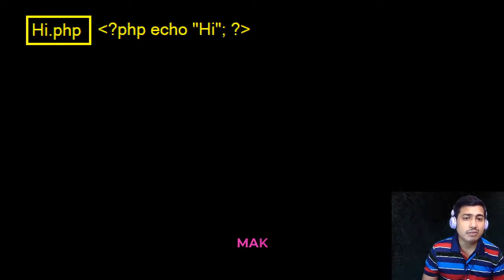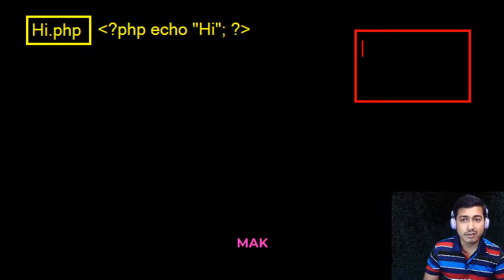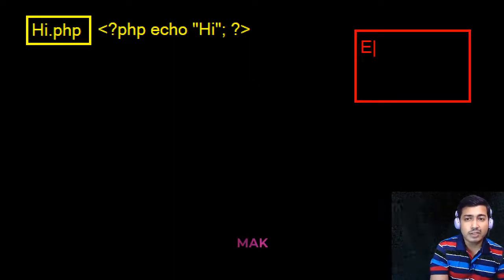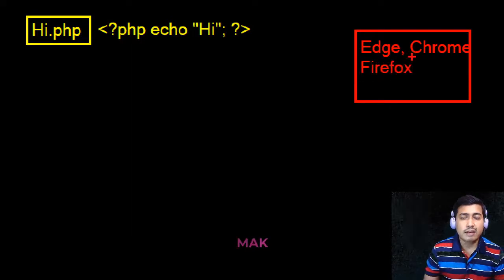This file contains this code, but if you send it to a browser, can the browser interpret it properly? Think about we have a browser here. It can be Edge, Chrome, Firefox, Opera, or other browsers as well.